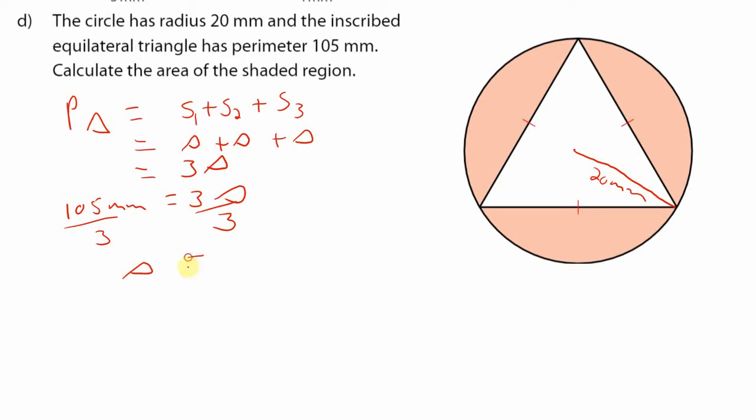So the side is equal to 105 divided by 3. 3 goes into 10 3 times, remainder of 1, 3 goes into 15 5 times. So it's 35 millimeter for each side. So it's 35, 35, and 35.